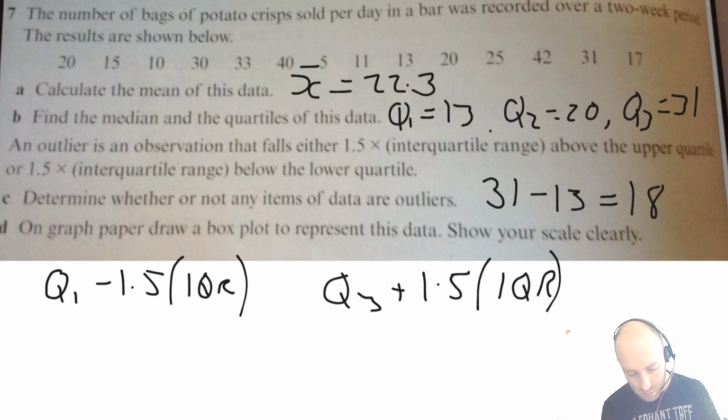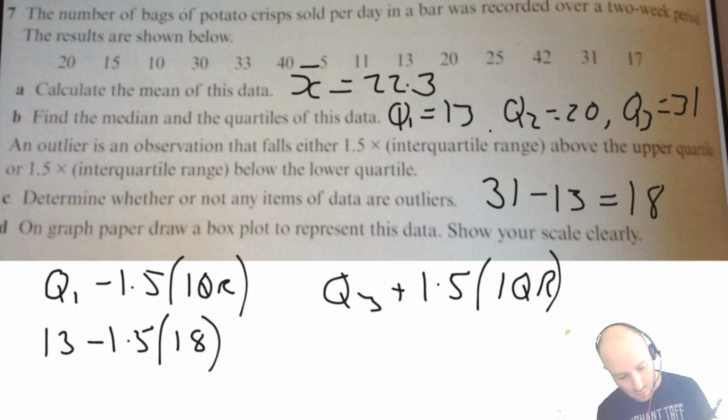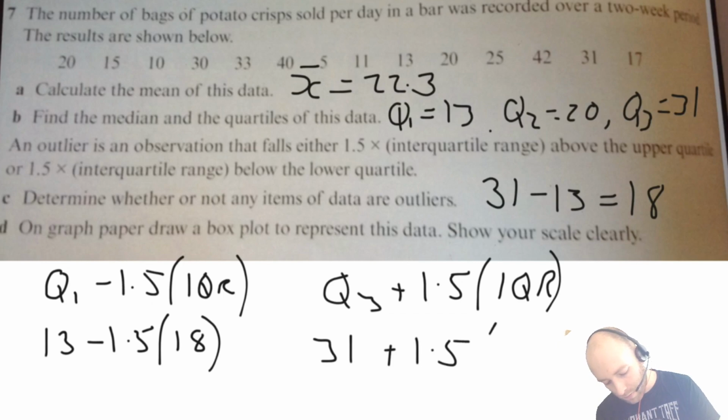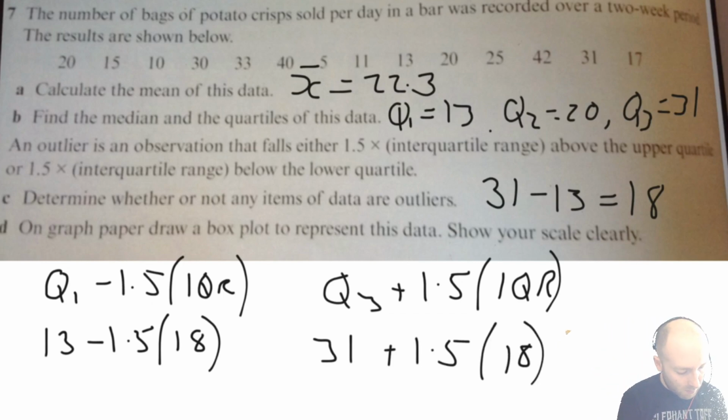So Q1, which is 13, take 1.5 lots of 18. And Q3, which is 31, plus 1.5 lots of 18. So my range has become 13 take 1.5 times 18, so I get minus 14 there. So there's not going to be a lower outlier.